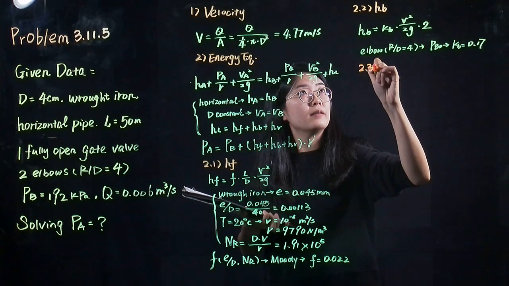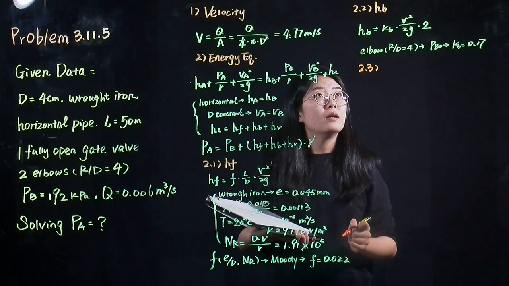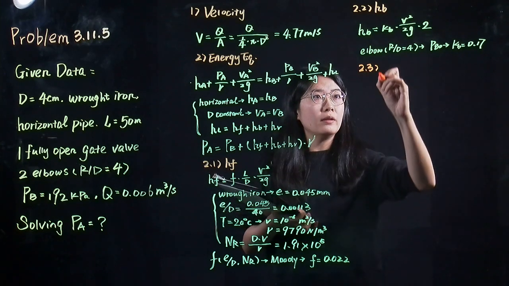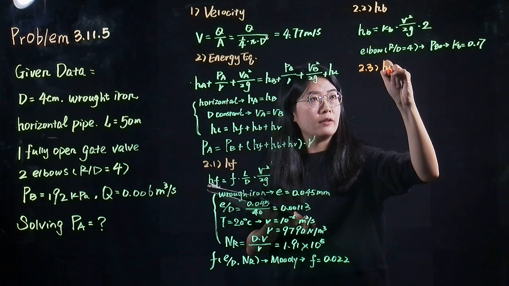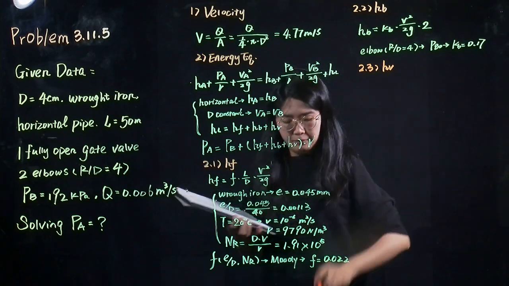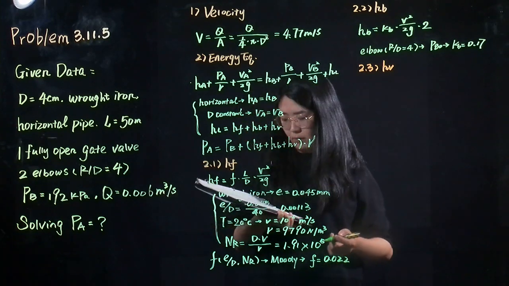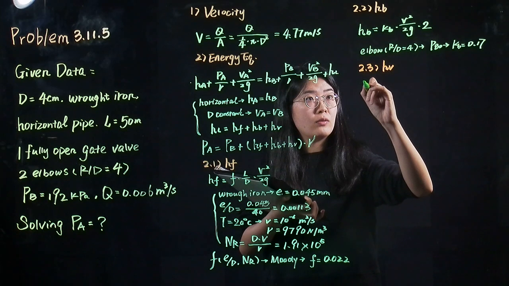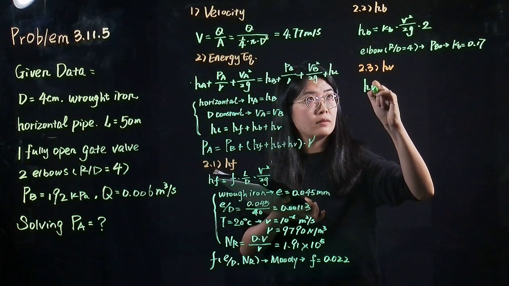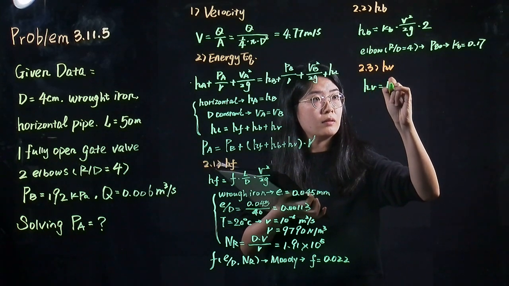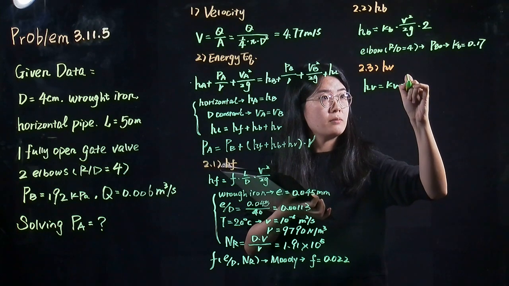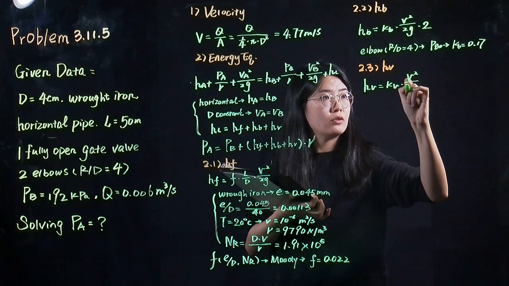Then we find the equation for HV. HV is given by the equation: the coefficient times V squared over 2G.